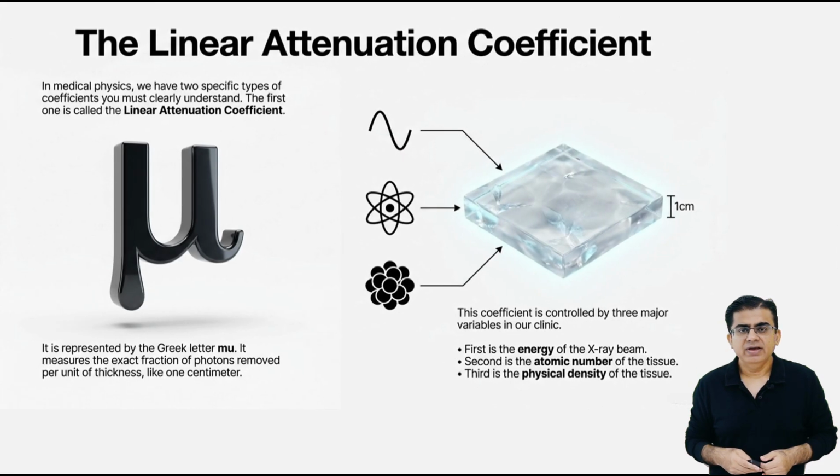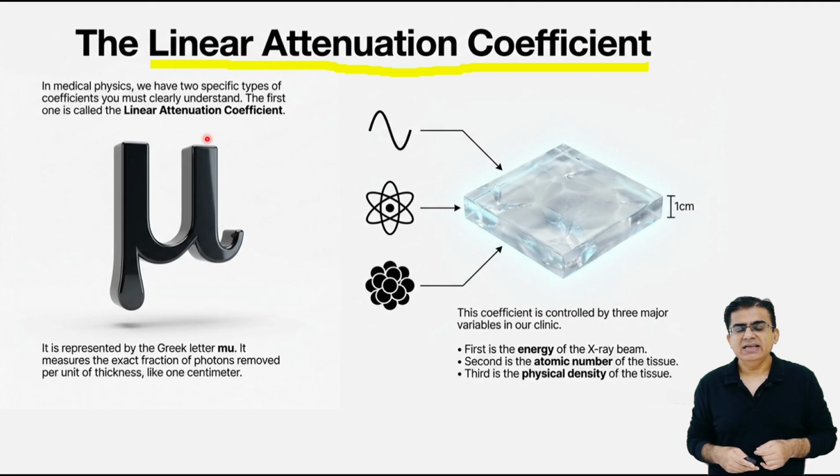In medical physics, we have two specific types of attenuation coefficients you must clearly understand. The first one is called the linear attenuation coefficient. You can see it represented on the screen by the Greek letter mu.